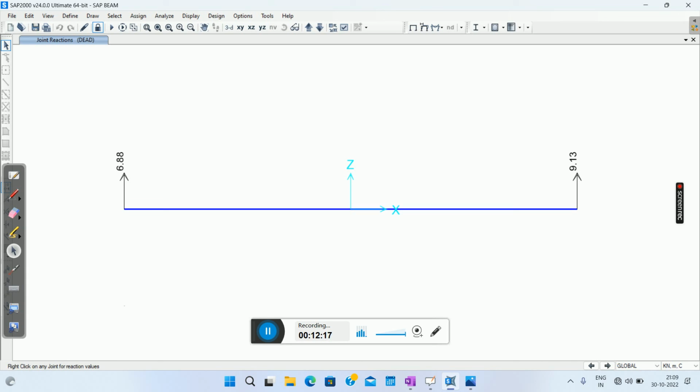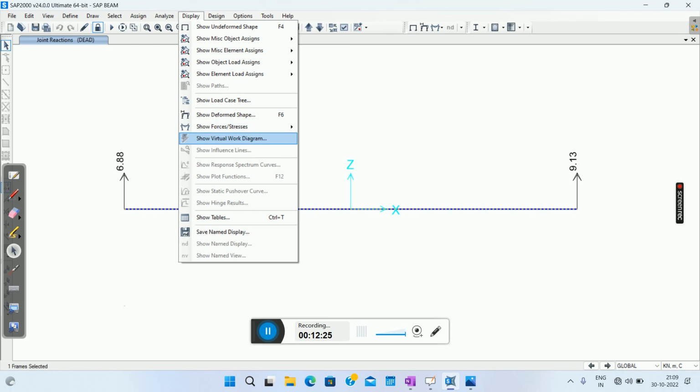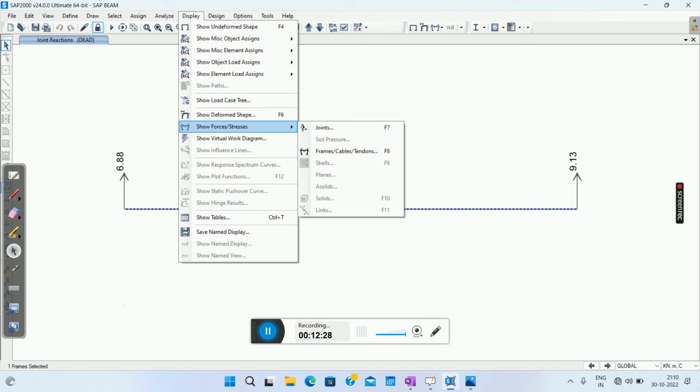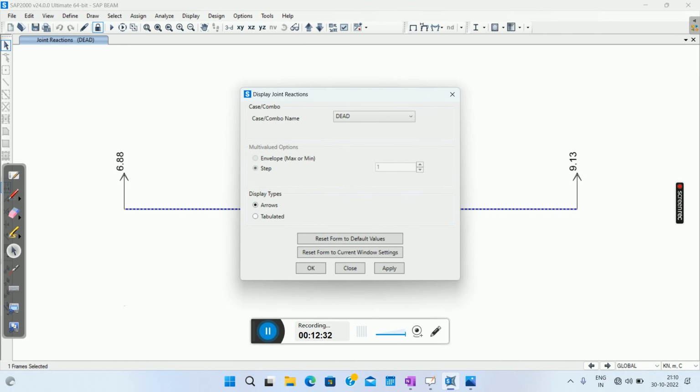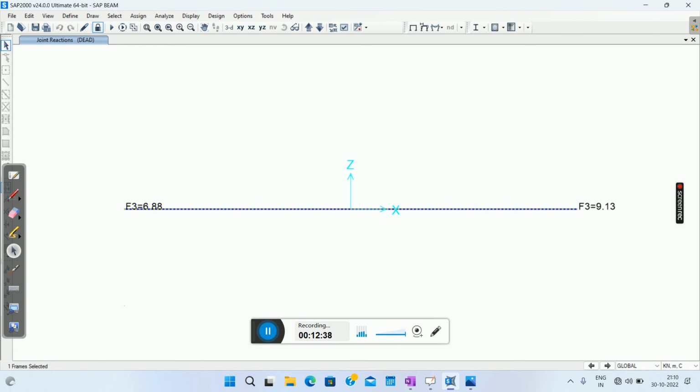You can view these reactions in tabular form. Select this beam, display, show forces and stresses, select joints. Select tabulated, apply, close. Here it is 6.88 and 9.13.